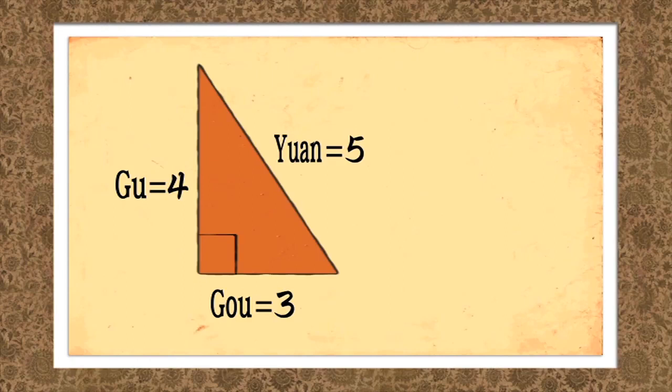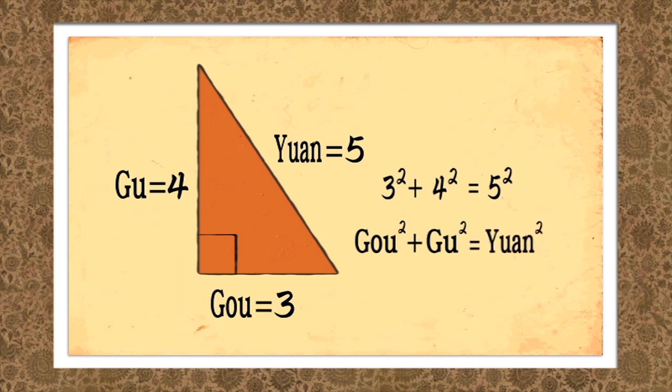That's what Sun Gou mentioned in Ngao 3, Gu 4, Yin 5. 3 squared plus 4 squared equals 9 plus 16 equals 25, which is 5 squared. That is, Ngao squared plus Gu squared equals Yin squared.